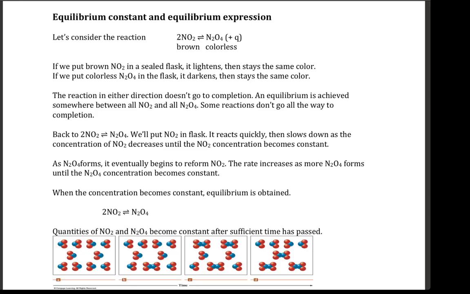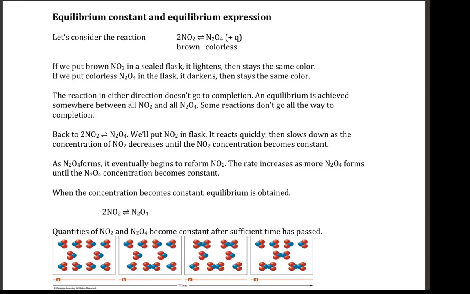If we put brown NO2 in a sealed flask, it lightens as it forms some N2O4, and then the color remains. It doesn't go completely colorless, but the lighter brown color remains.